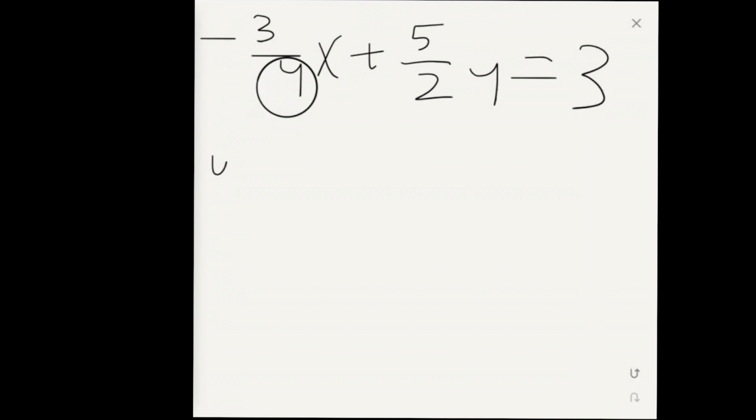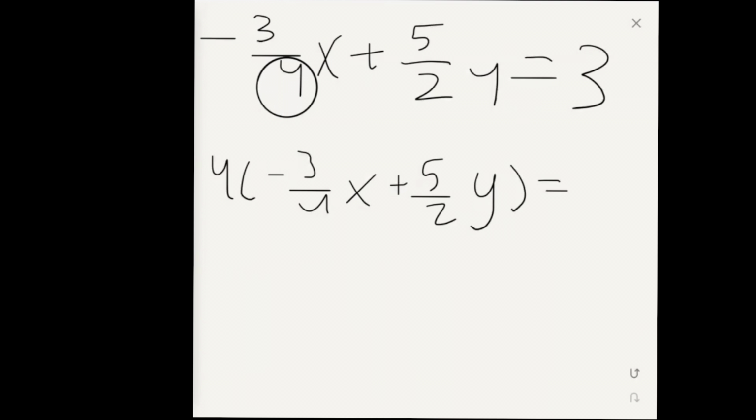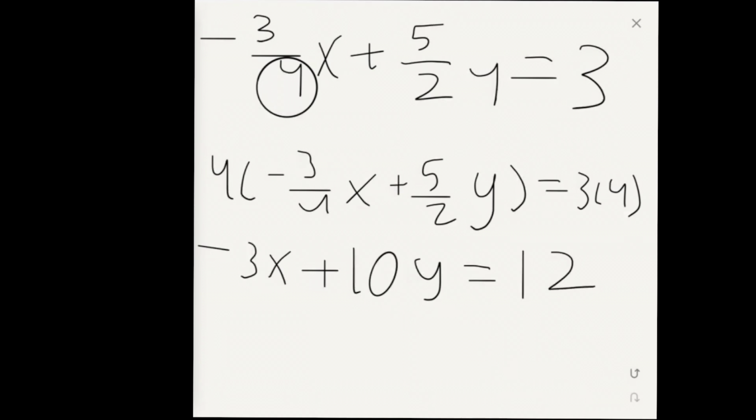So you multiply 4 times negative 3/4 x plus 5/2y is equal to 3 times 4. And you get negative 3x, and 4 times 5/2. So 4 times 5 is 20 divided by 2 is 10y is equal to 3 times 4 is 12. So now we've gotten rid of the fractions.